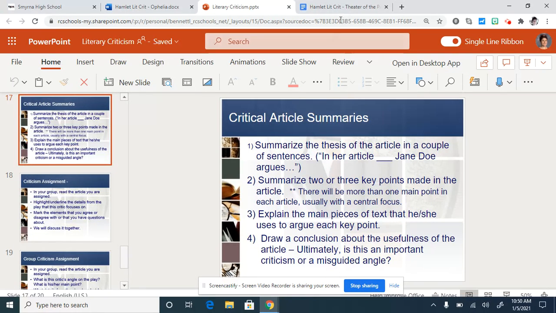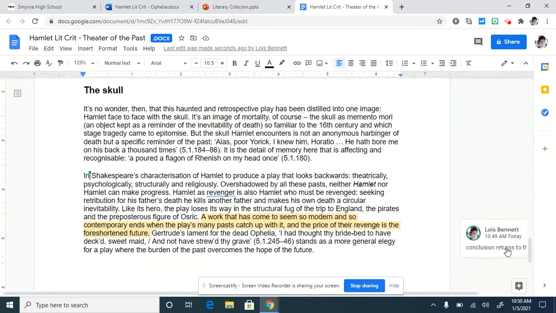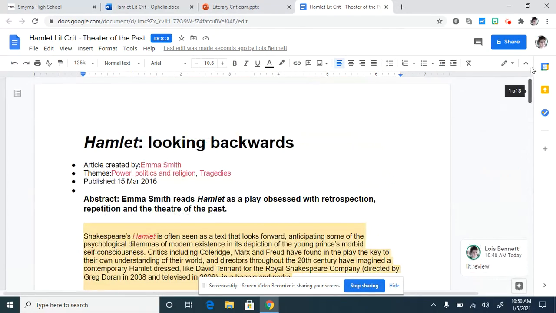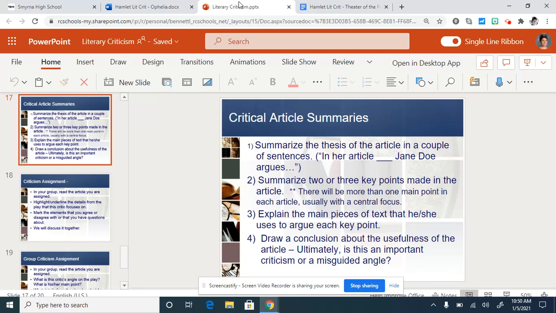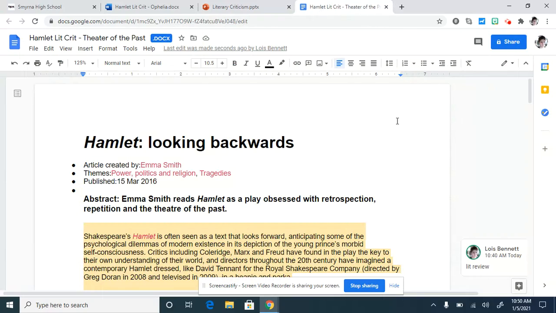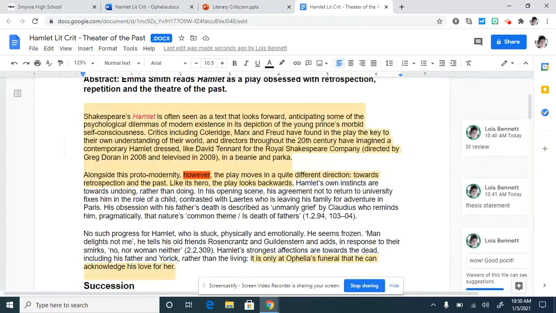in her article, let me get to the top. Hamlet Looking Backwards. Ella Smith argues that Hamlet is a retrospective play rather than one of forward thinking. You would summarize the two or three key points. What you might do with this one is you might say Smith, oh, it's Emma, not Ella.